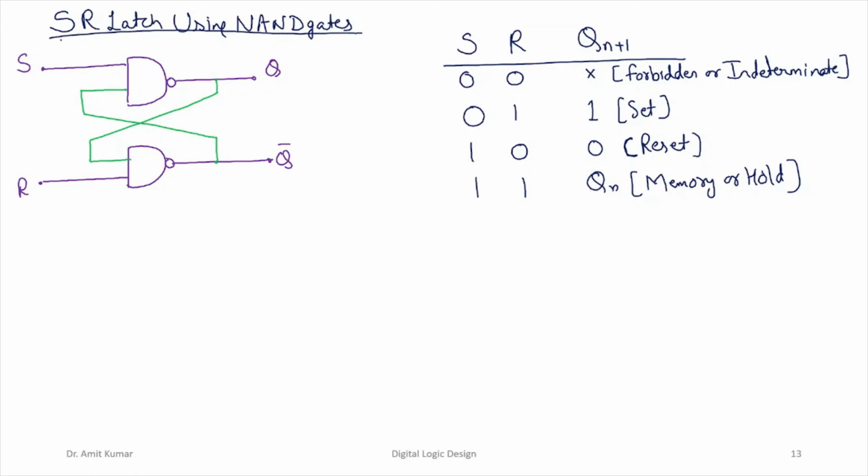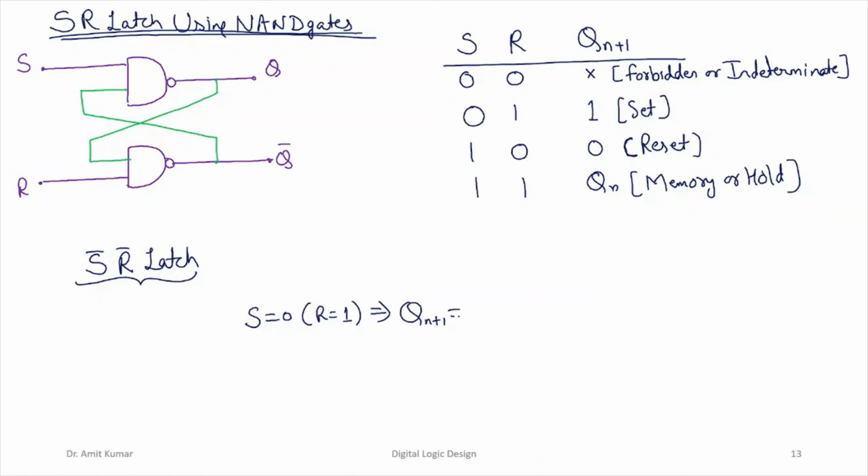We also call this particular implementation an S bar R bar latch. Why do we give this name? Because if S is 0, that is, S is active low, then R has to be 1. If S is active low and R is active high, the output is in the set state.